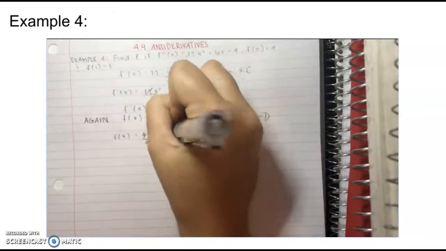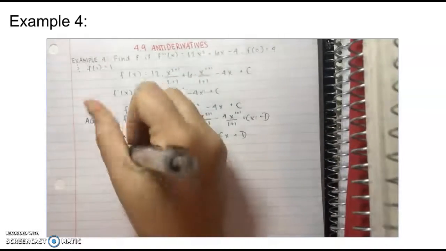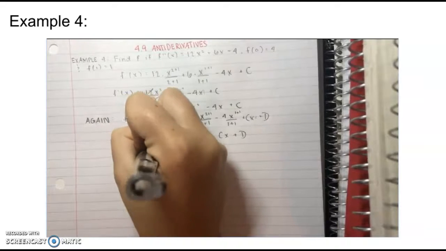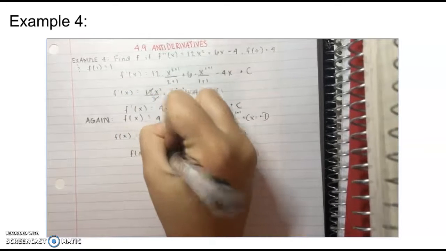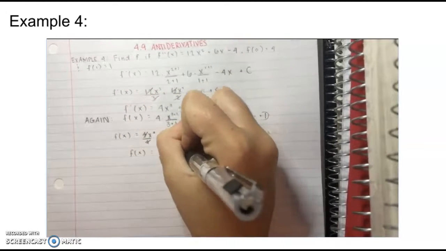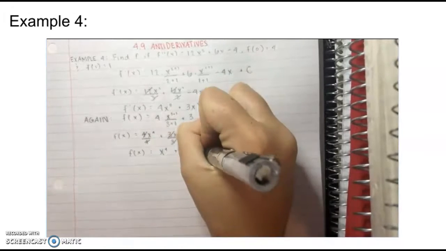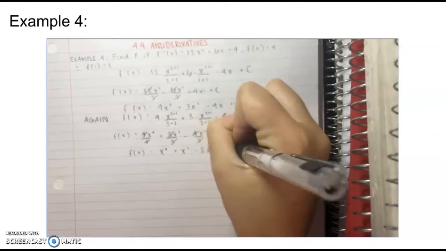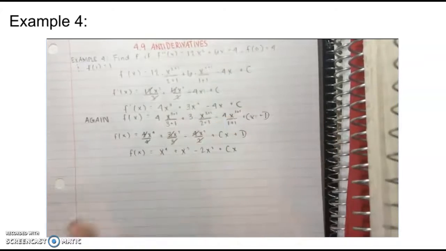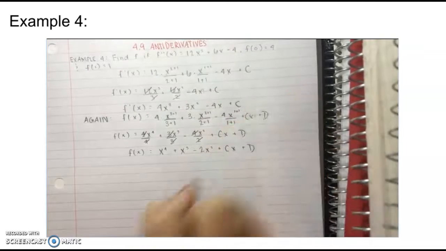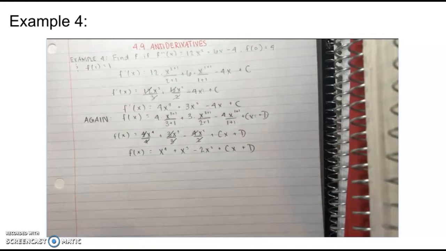Now we can cancel these and simplify it, another cleanup, which will get x to the 4th plus x cubed minus 2x squared plus cx plus d. Now we can find d first because we're going to want to find the constant first.